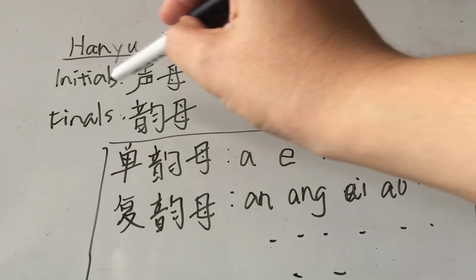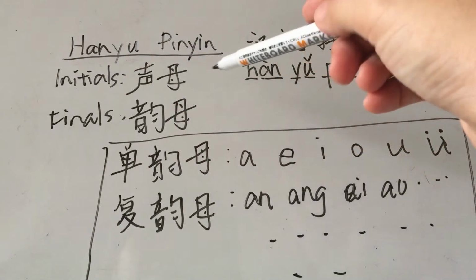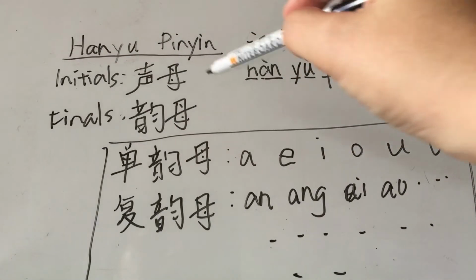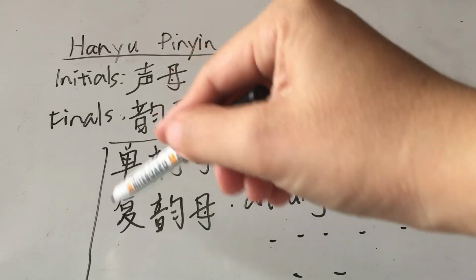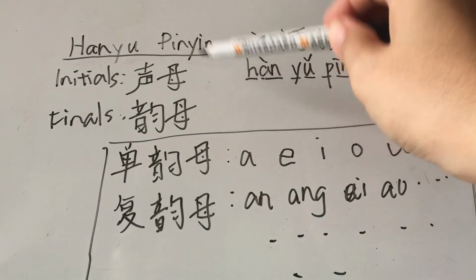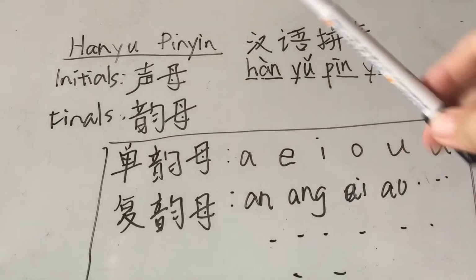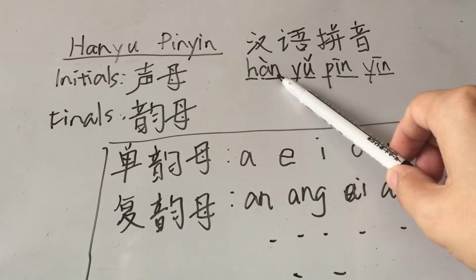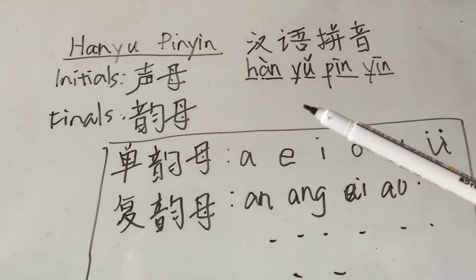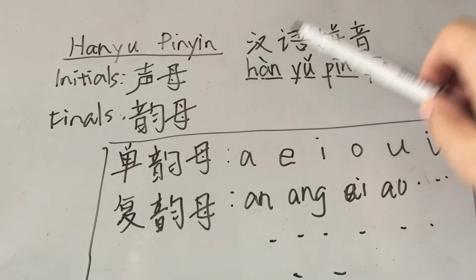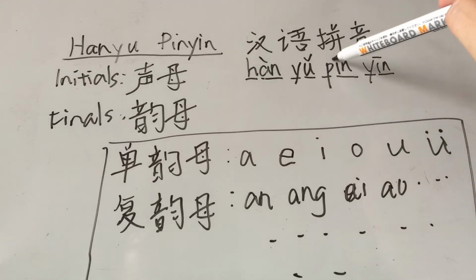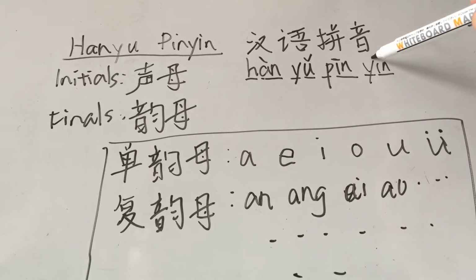And in terms of 声母, you have about 30 plus of them. After you learn all the 声母 and all the 韵母, then you learn how to match them up. 声母 and 韵母. And after you match them up, you learn the tone. This is called 声调, the tone.